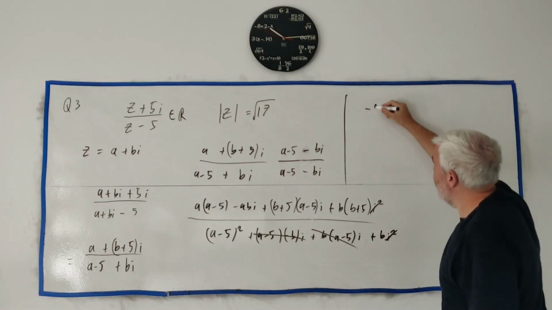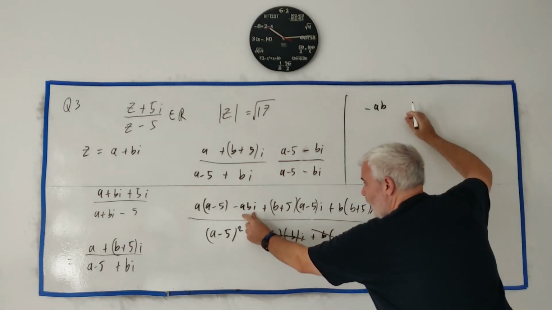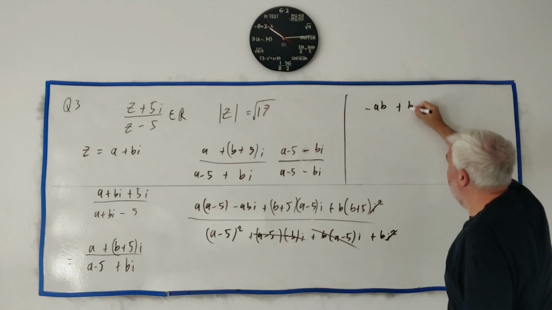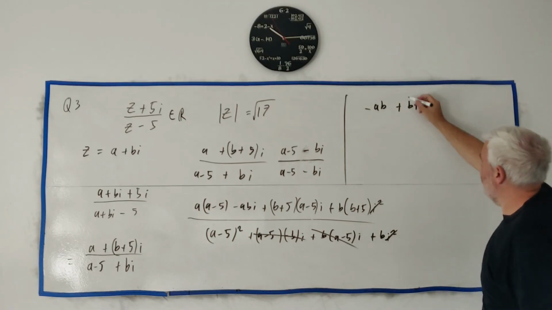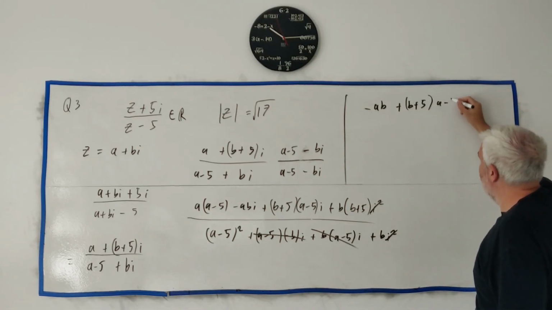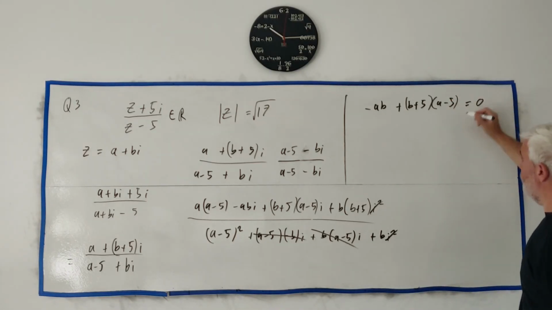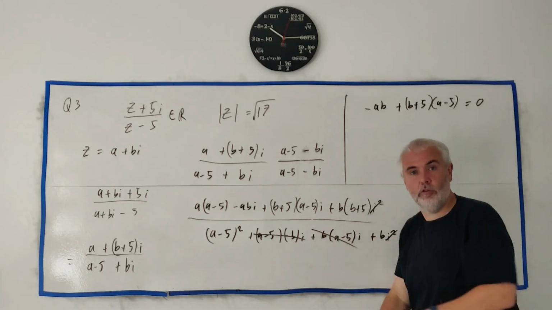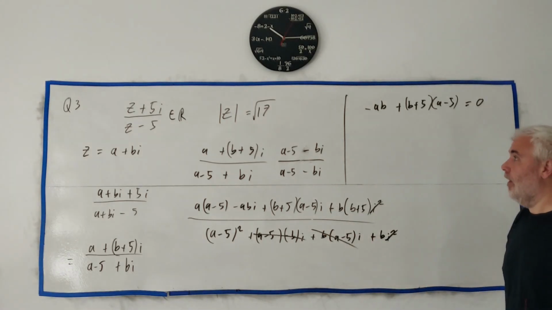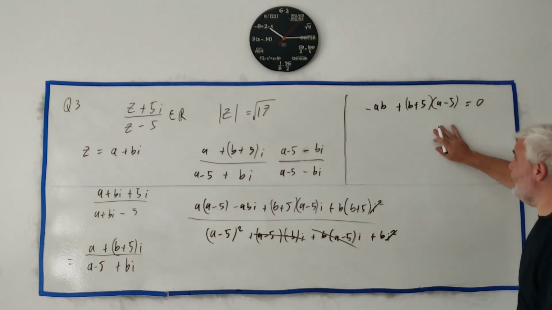So I can write minus ab, this part, plus b plus 5 multiplied by a minus 5. All of this must equal 0. It must add up together to get 0, to get all the i's gone. And we can clean this up a lot here.